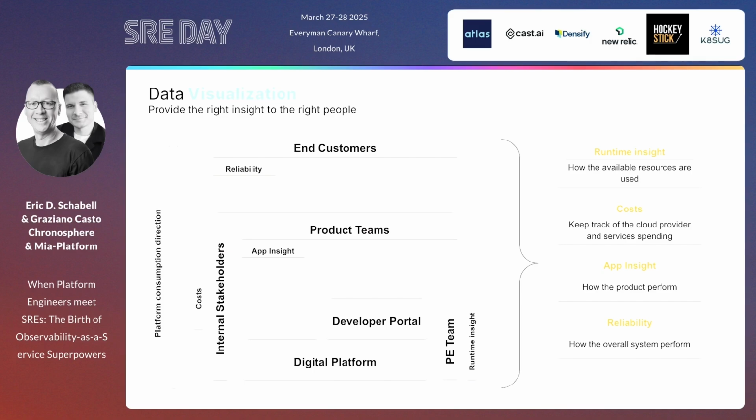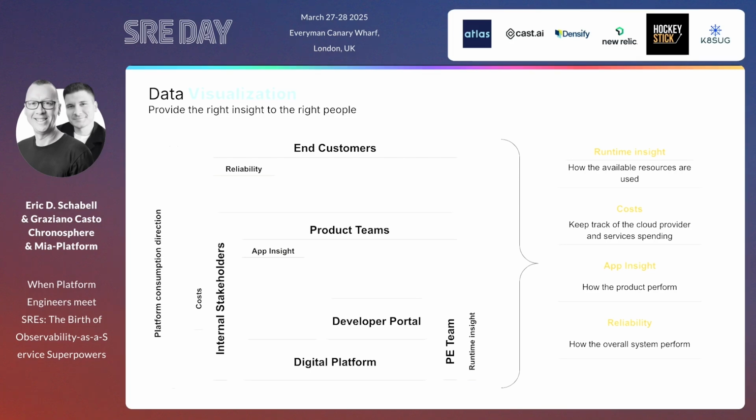Last, there was the transparency, the data visualization path. You can see on the screen, not properly, but you can see it, an image that explains how the platform is consumed by the different personas inside the company.